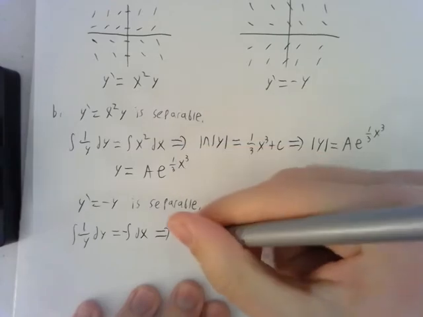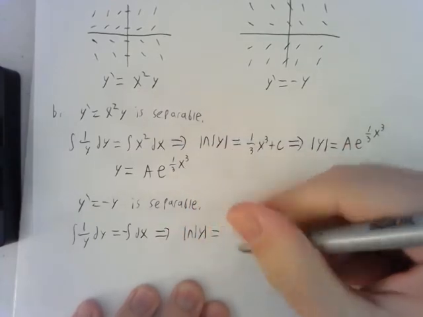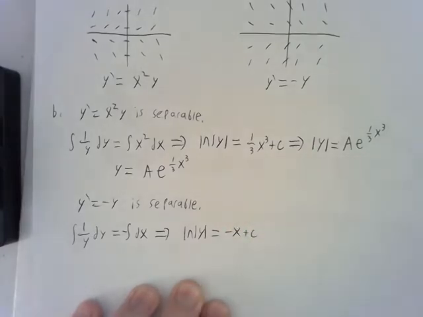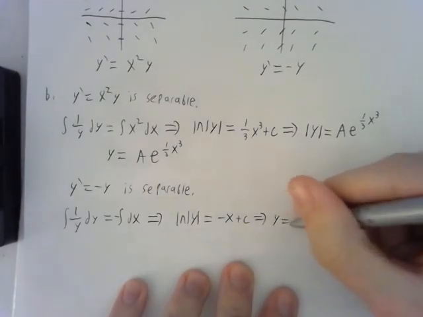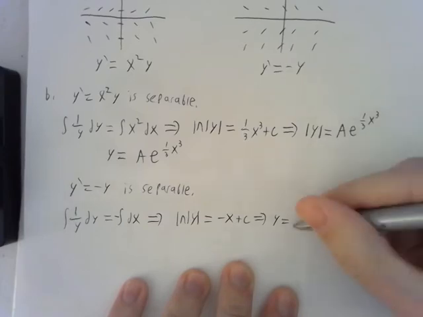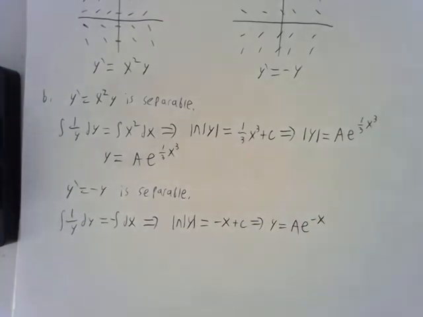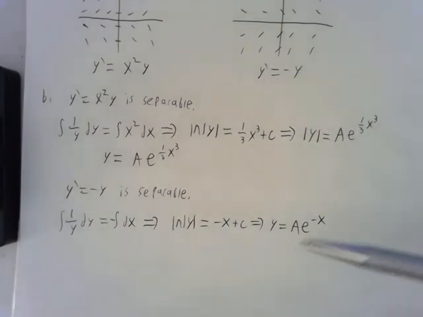If we take the antiderivatives, we'll get log absolute value of y is equal to negative x plus some constant. Exponentiate and drop the absolute value sign, and we'll get y equals a e to the negative x. And of course, because this is an equation we're familiar with, we already studied it earlier in the class, we know that this is indeed the correct solution to that equation.